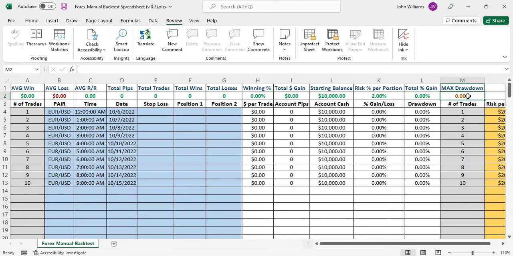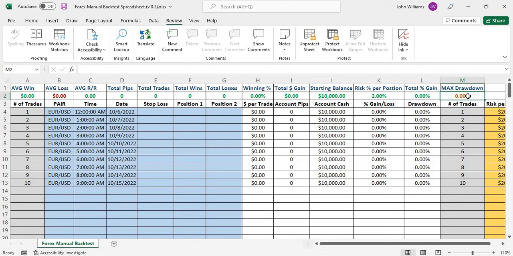That would be an indication that you would have lost such and such on a particular trade, or a given percentage on a particular trade.